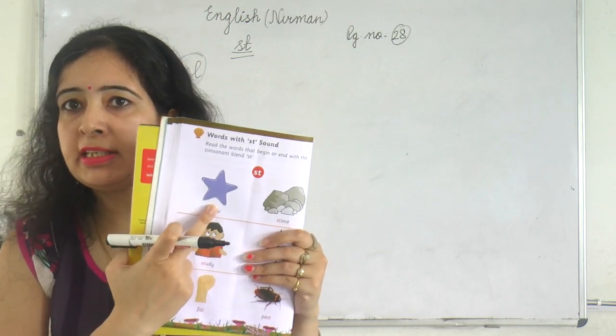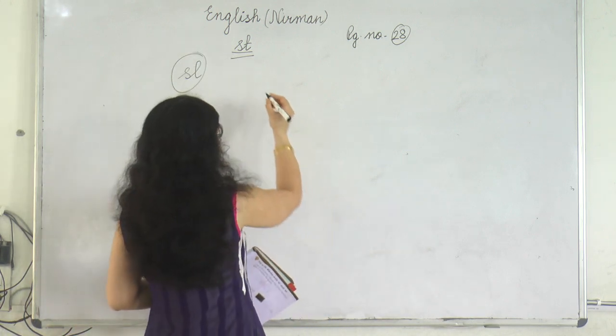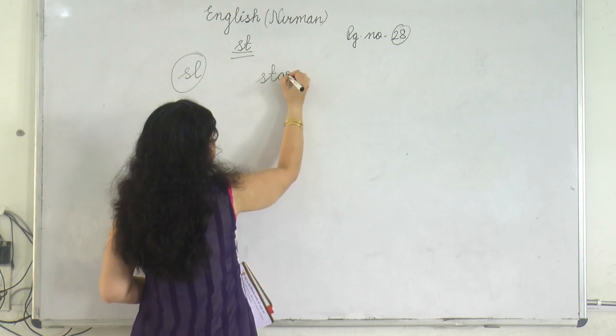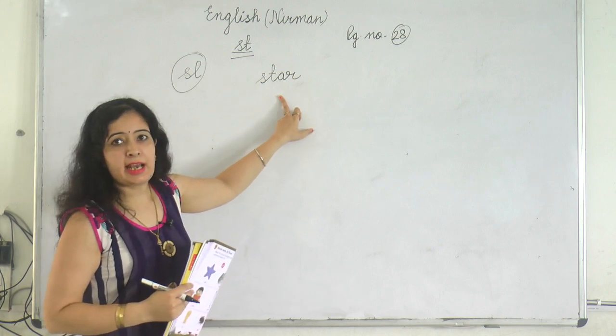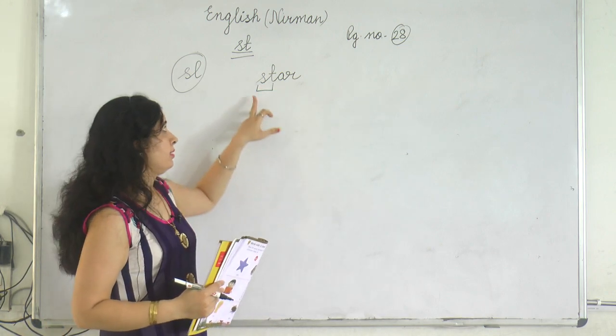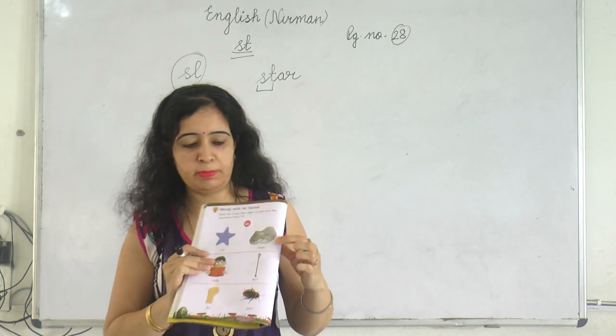Speak with me. Star. Right here, S, T, A, R, star. S, T is blend. So take next picture.